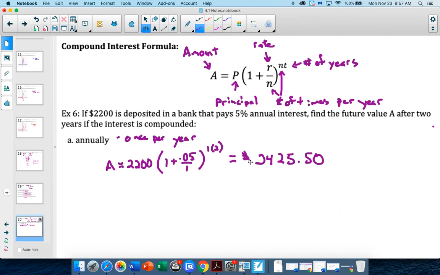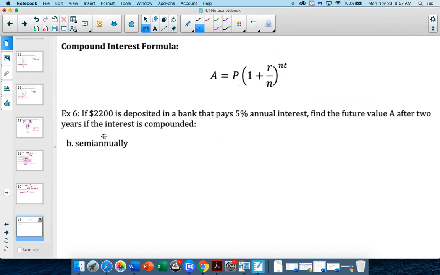Okay. Now let's see how that would change if the only thing I change is compounding semi-annually. Semi-annually means 2 times per year. So I'm going to take all the same information and plug into this formula. The only thing I'm going to change is I'm going to make this n value 2.